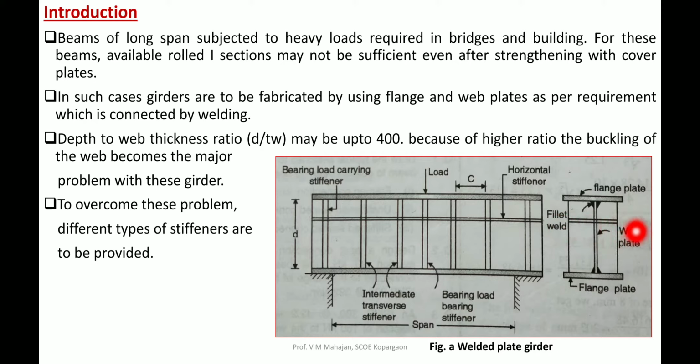Whatever connections we are going to make, we make using only welding at the junction of the top flange and the web, and that type of welding is the fillet welding we make on the side. Like this we provide the bottom section also. So these are the connections we make during the design of a welded plate girder.